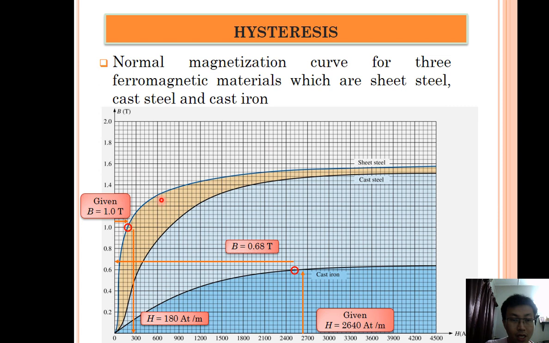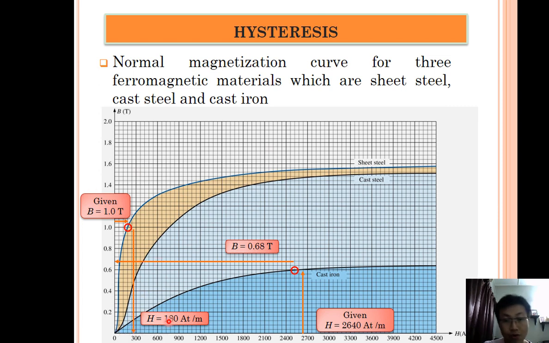We can see that the steel sheet actually has a higher permeability, because for example, if I only apply H of 300 ampere turns per meter, I can get B of about 1 point something Tesla. Here I only get 0.6 Tesla, and here I don't even get 0.2 Tesla.